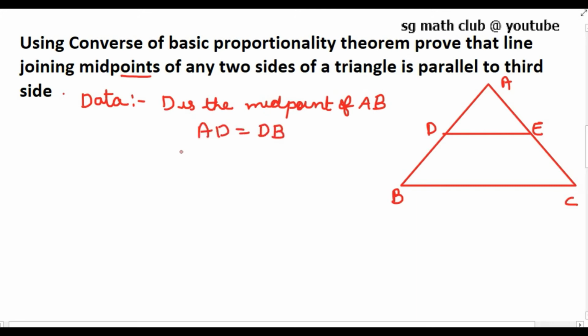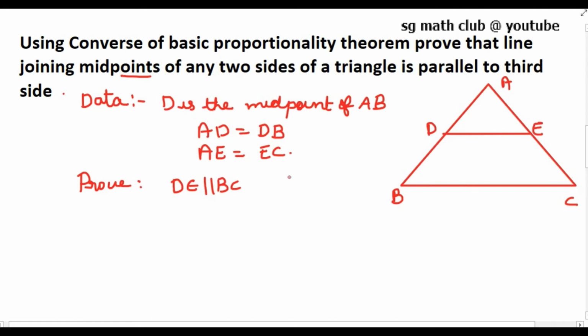E is the midpoint of AC, so AE equal to EC. We need to prove DE is parallel to BC, because DE is the line joining the midpoints.